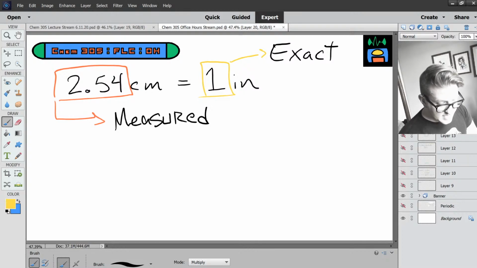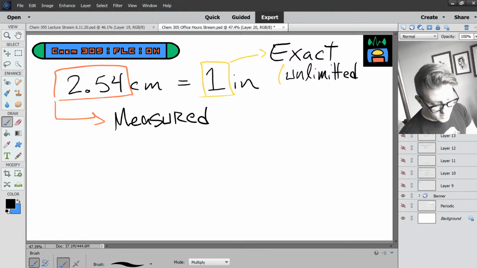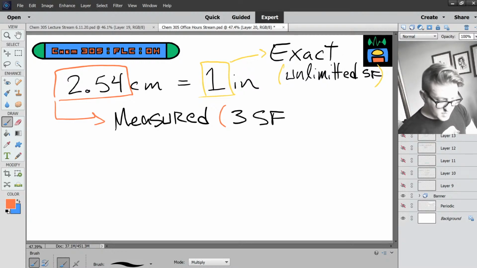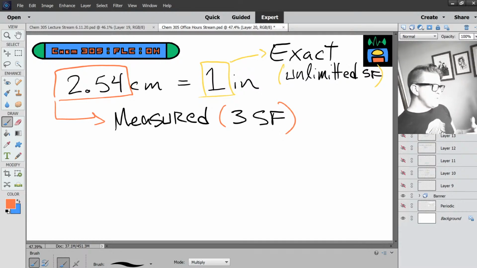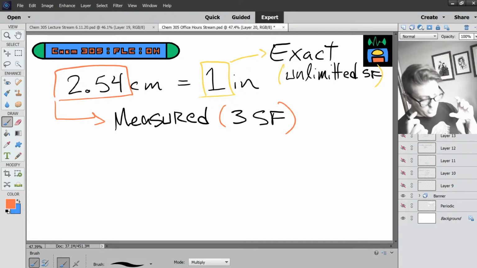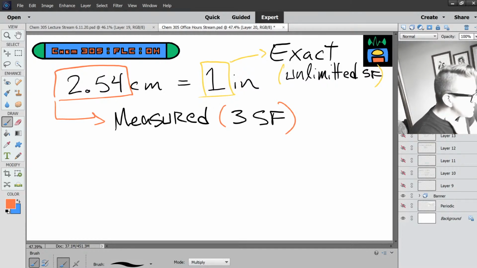Because the 1 is exact, it has unlimited sig figs. Because the 2.54 is measured, it counts. This only has 3 sig figs. So when you use this unit conversion, you will be limited to 3 significant figures.